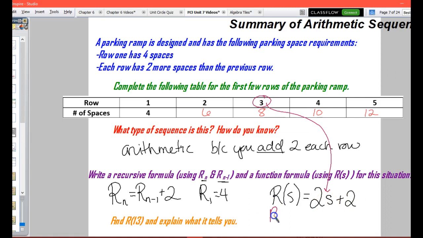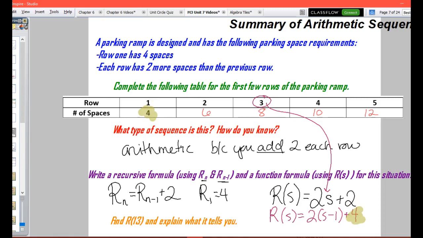There are times where they use a step back, and so your equation could be 2 times s minus 1, plus 4. This allows someone to use that initial term, that starting value of 4. Let's see if it works.